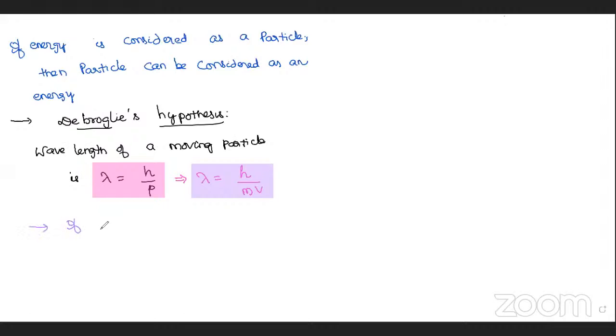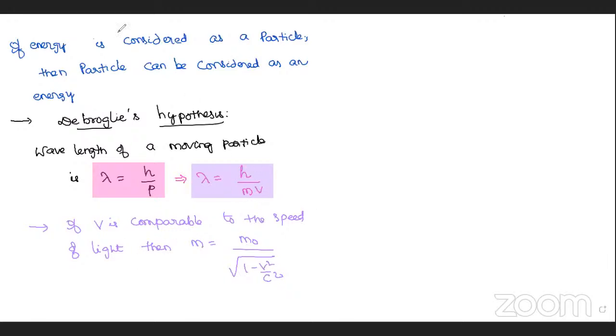What if v is comparable to the speed of light? Then again I have to write, in place of m, the relativistic equation, m naught by root of 1 minus v square by c square. Again here also we use the same equation, provided v is comparable to the speed of light.